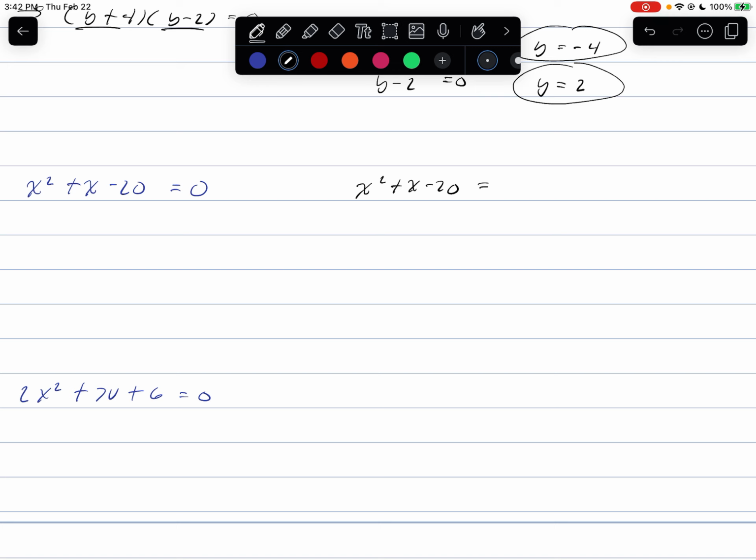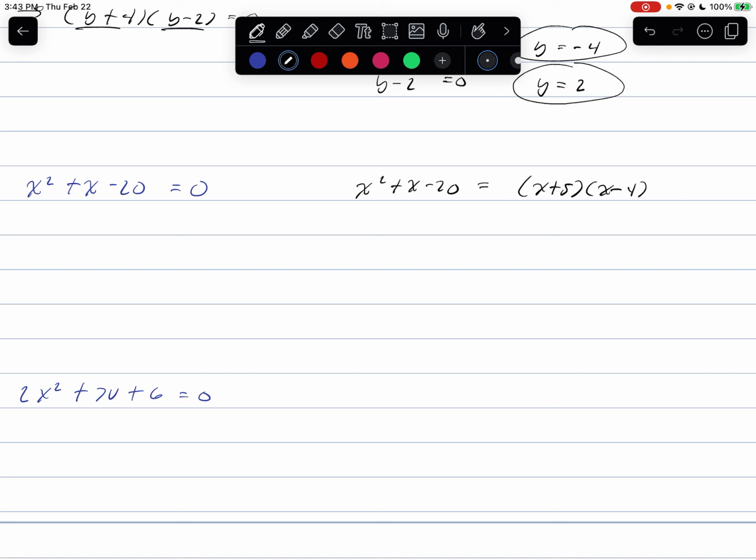Okay, so numbers that will multiply together to give us negative 20, 5 and negative 4 should do that job. If you multiply 5 times negative 4, we get negative 20, and if we add 5 and negative 4, we get 1. So we can write this as x plus 5 times x minus 4.